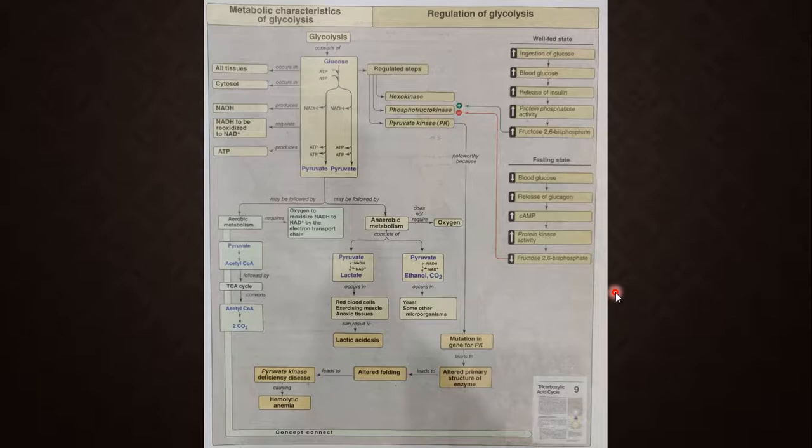When you study biochemistry, you must go through the summary given at the end of the chapter, and then the chart presentation, because it clearly tells you the whole process and gives a complete picture in your mind of how the process is going on, particularly in the case of glycolysis and the TCA cycle.